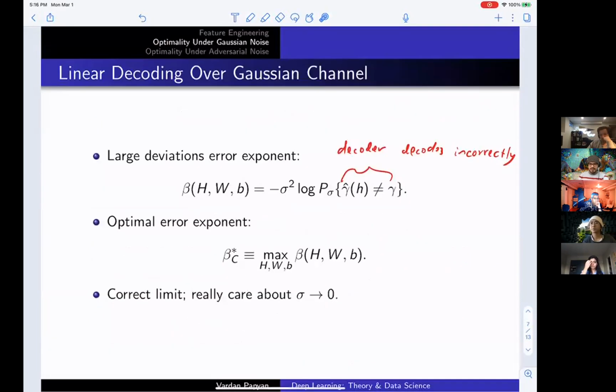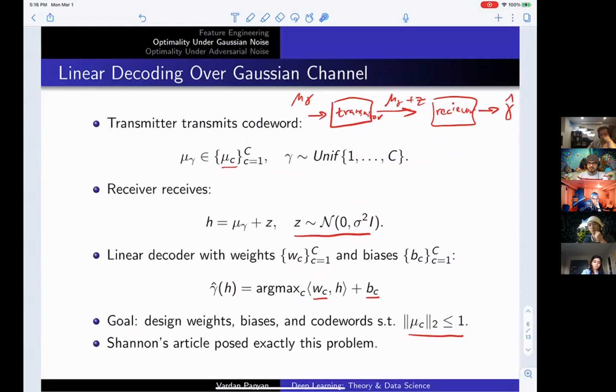Now, does anyone see the relation between this problem and what we're talking about in deep networks? I think that's what Nia was hinting at, that this part is not clear. So what is the relation between this and deep learning? Would it be like the idea of the adversarial example?